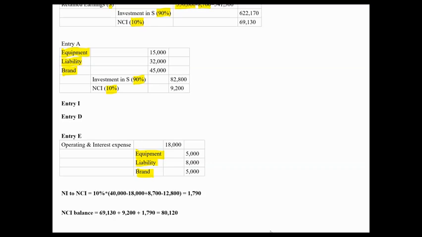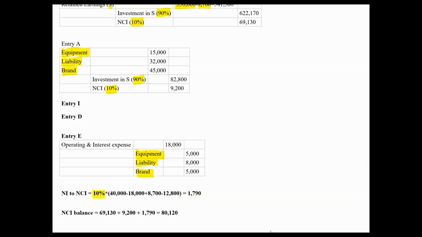Next, let's calculate the balance for non-controlling interest. The first is the net income to non-controlling interest, because non-controlling interest has 10% of the subsidiary company, so we use 10% times the net income from the subsidiary company.